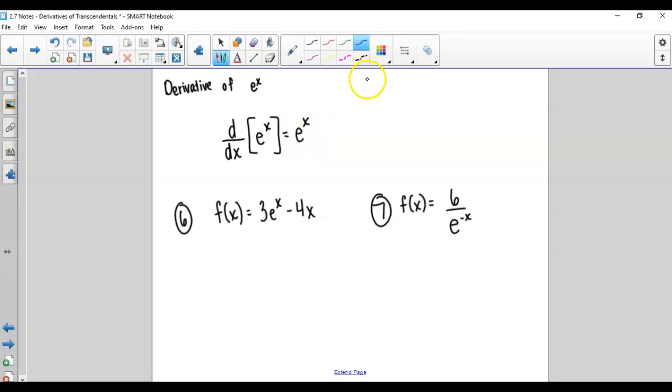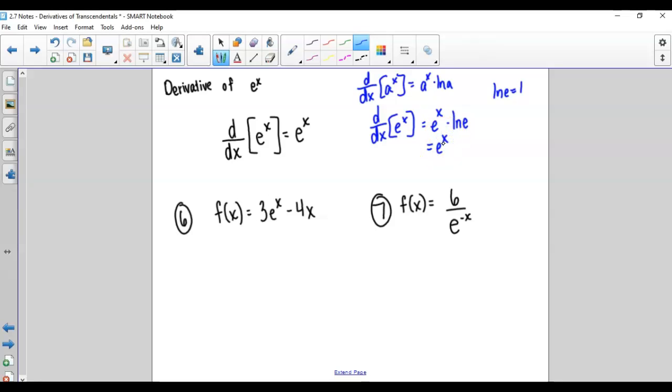If you think about that rule that we just had, the derivative of a to the x equals a to the x times natural log of a, we can really use this rule for e to the x as well, because we would get e to the x times the natural log of e. But the natural log of e equals 1, so this is really just e to the x.